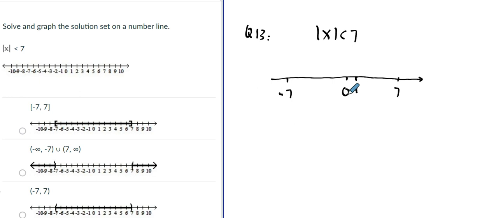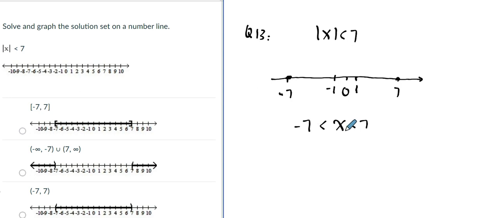The distance between 1 and origin is 1, which is less than 7. So is negative 1. So all the numbers between negative 7 and 7 should be inside this solution. So really x is less than 7 and greater than negative 7.